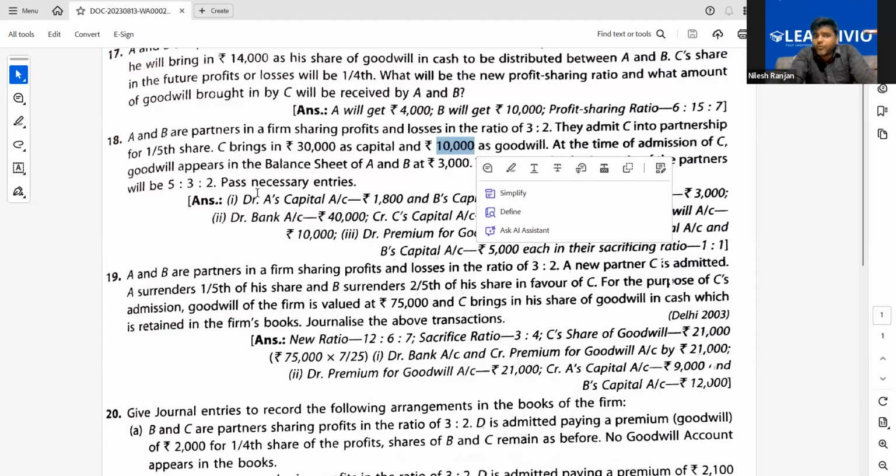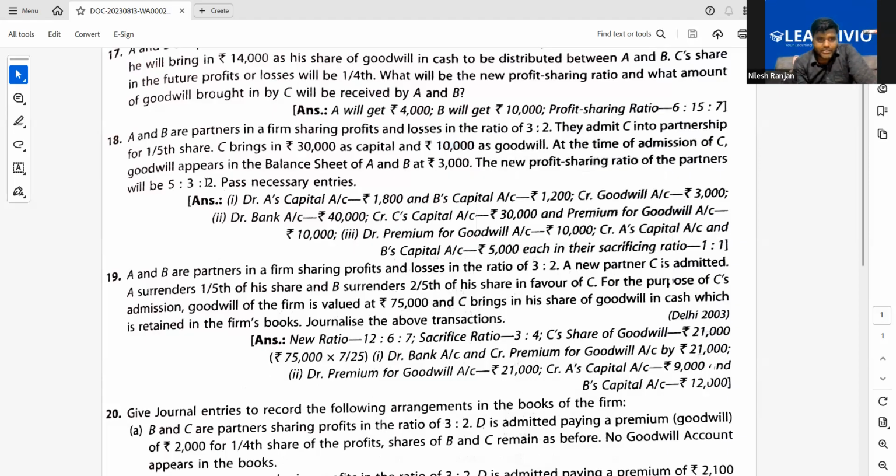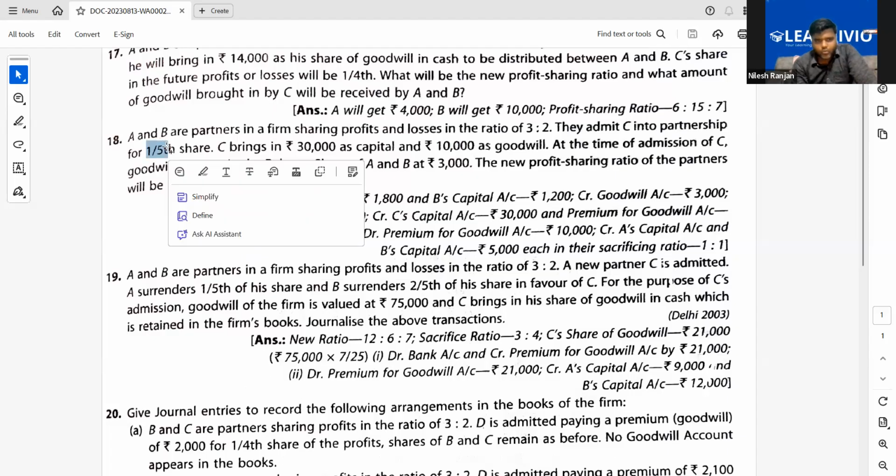Share of C, the profit share I'm talking about. Profit share of C is given in the question. 1/5. Yes, it is 1/5 or 2/10, you can say. Here it is 2/10. Here it is 1/5. Both are same actually. So 1/5 or 2/10 you can take.